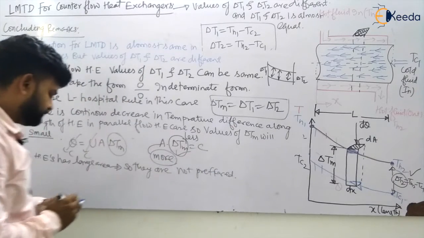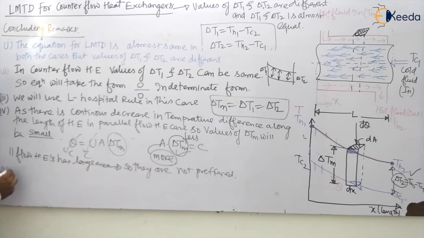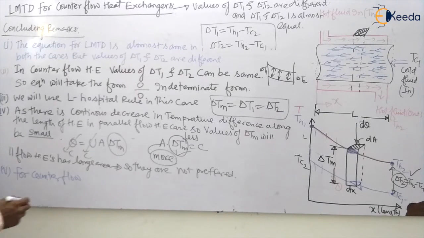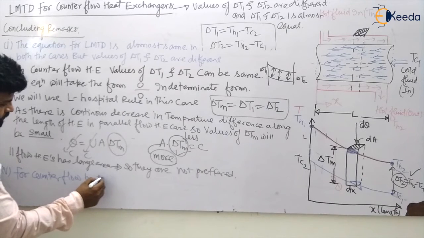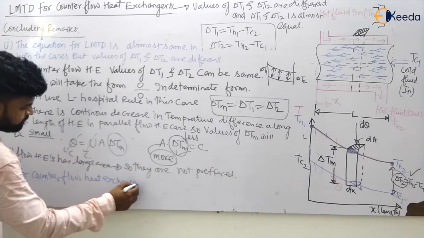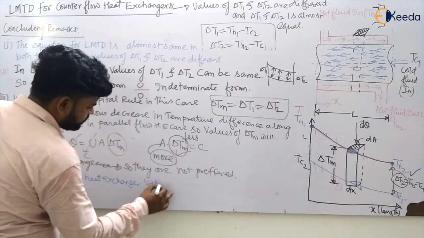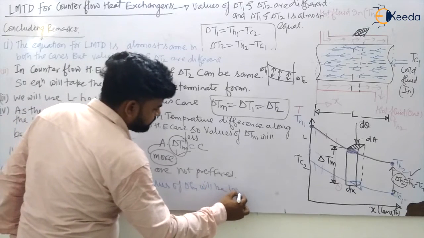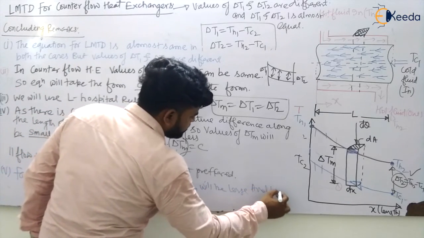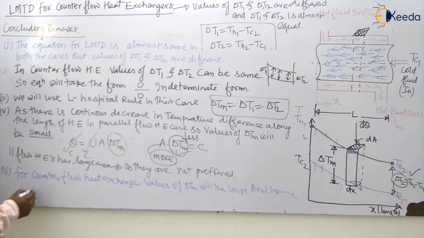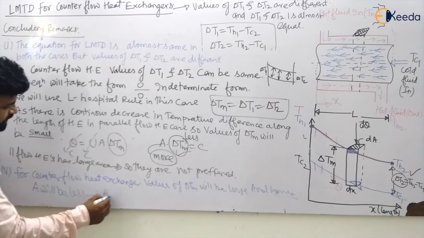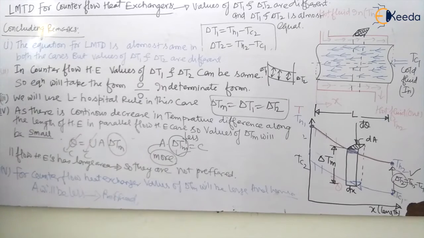So for counterflow heat exchanger, values of delta Tm will be large, and hence area will be less. So they are preferred, my dear students.